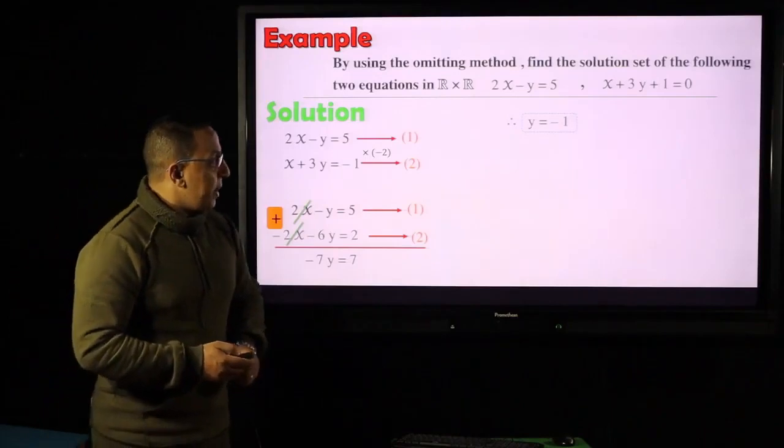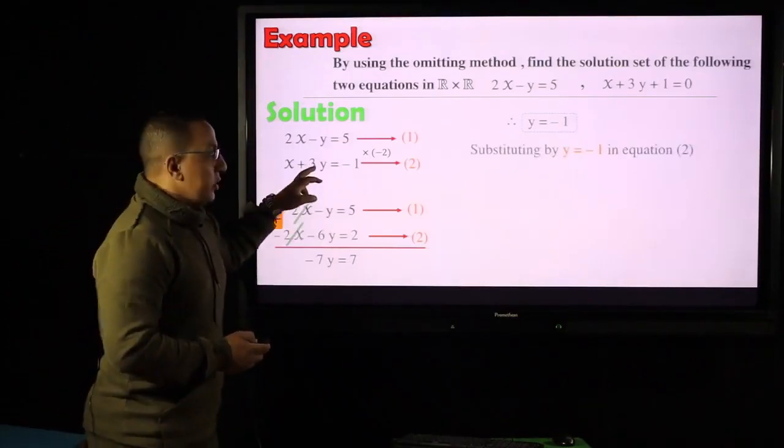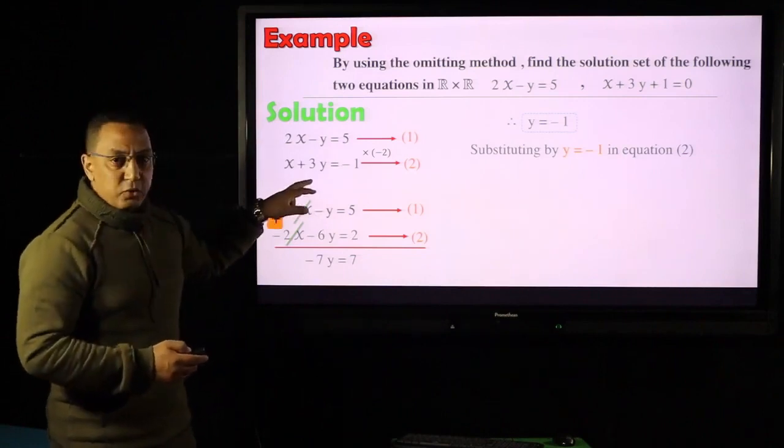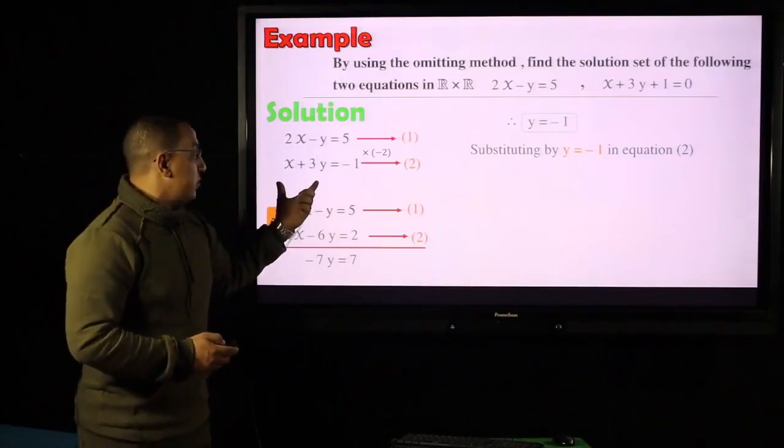And by substituting y equals negative 1 in equation 2. You can choose equation 1 or equation 2, it's up to you. Now, it's easier for me to choose equation 2.